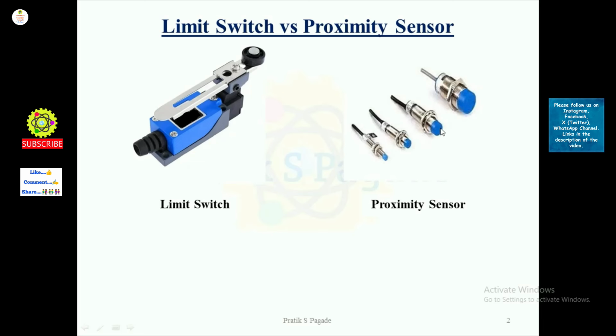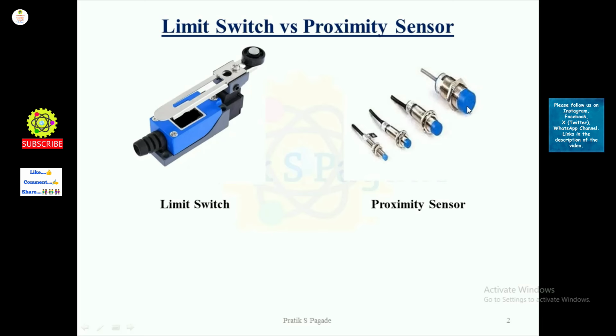As you can see here, this diameter is big, this diameter is a little smaller, this diameter is smaller, this diameter is even smaller. The sensing range of the proximity sensor depends on the diameter, the OD, of this proximity sensor. That is, the OD of the proximity sensor is directly proportional to the sensing range.